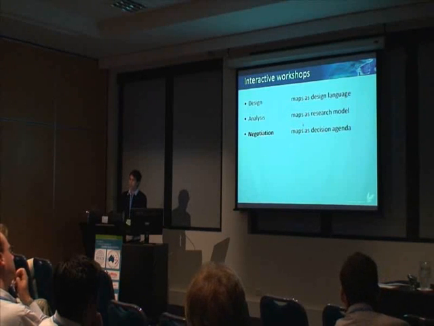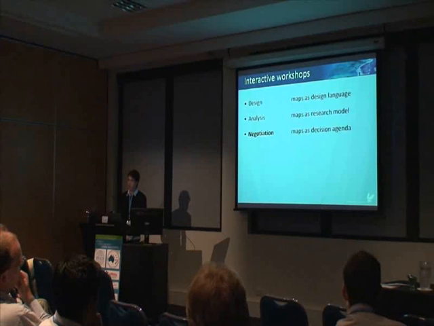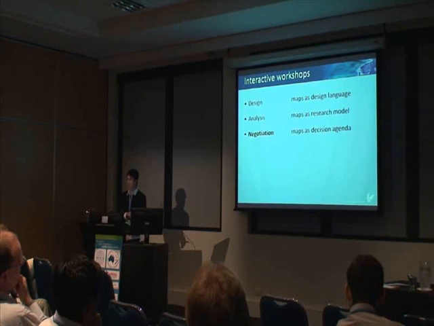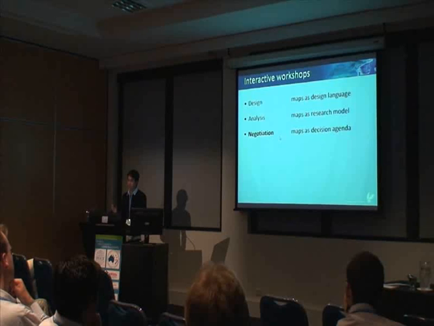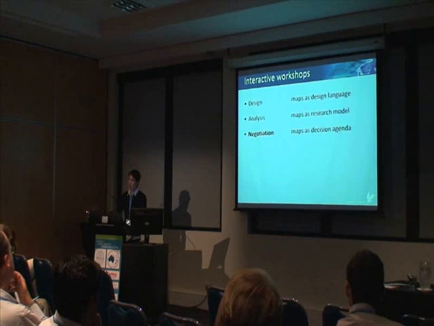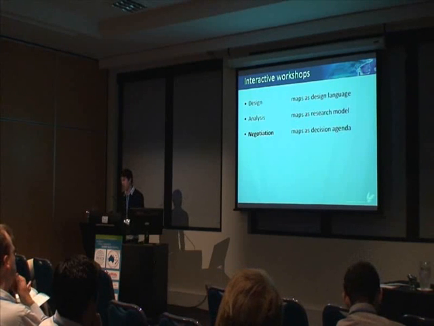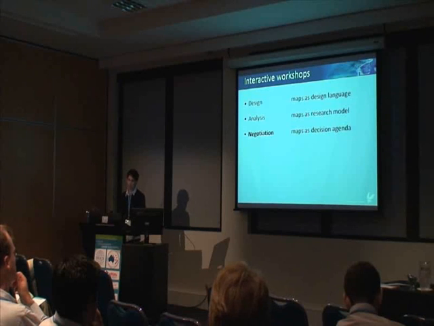In this one, we try to get the users to present information on the touch table about the area to transform expert knowledge into maps. And for the case of negotiation, we actually have maps being used in the decision agenda, and we let the users negotiate a plan in order to arrive at a compromise plan that is the best possible for all. And this is the focus of this presentation today.